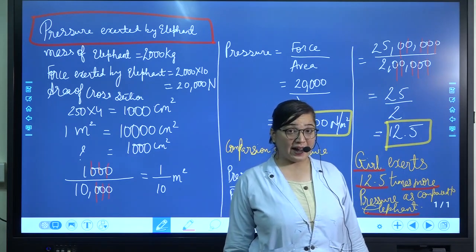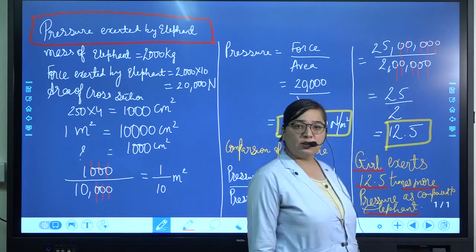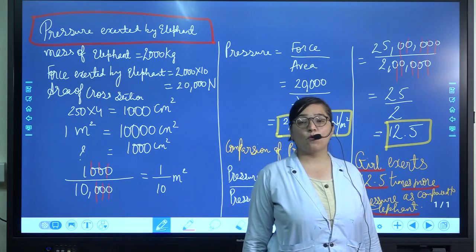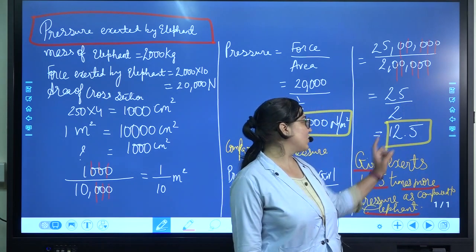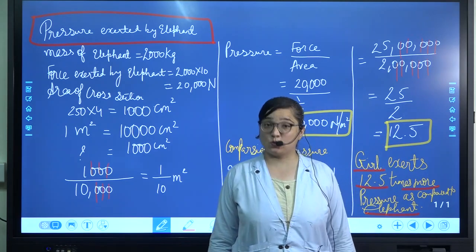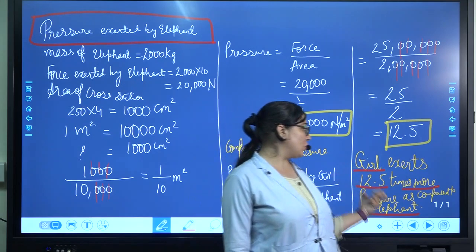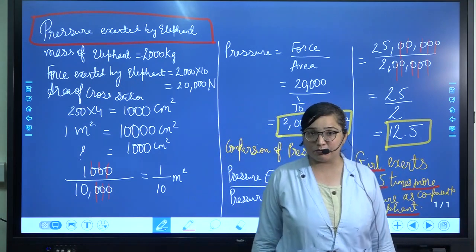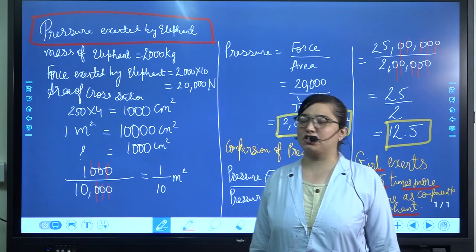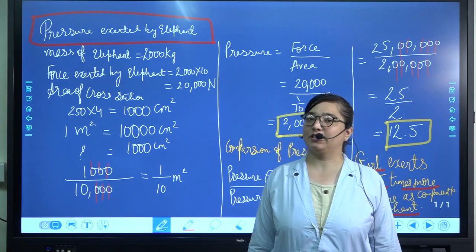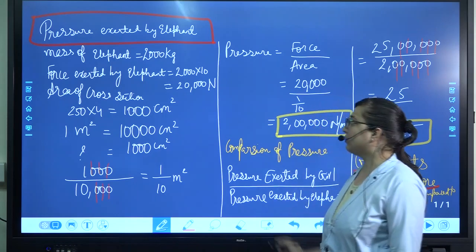It's 2 lakh. Cut all the zeros. What is remaining? 25 upon 2. What is half of 25? It's 12.5. So, here the girl is exerting 12.5 times more pressure as compared to elephant. Okay? Note down this part now.